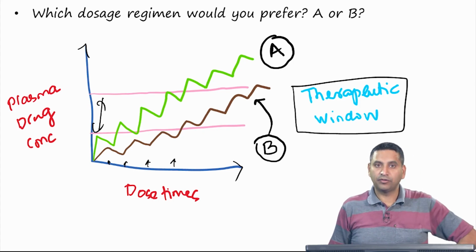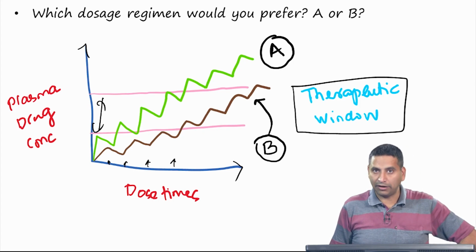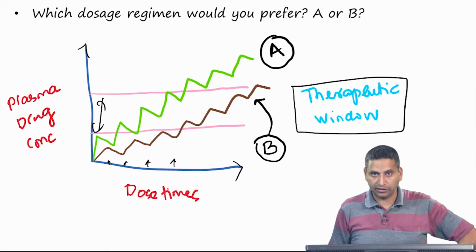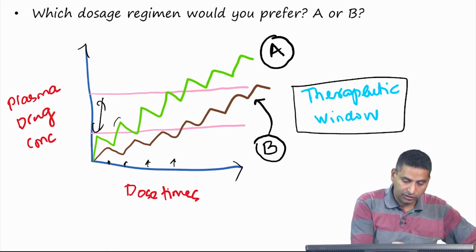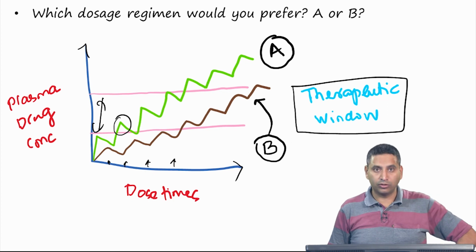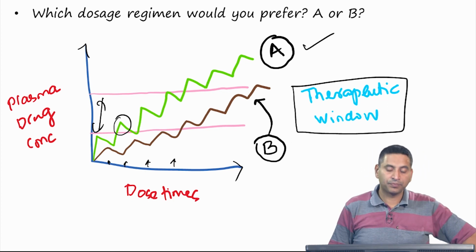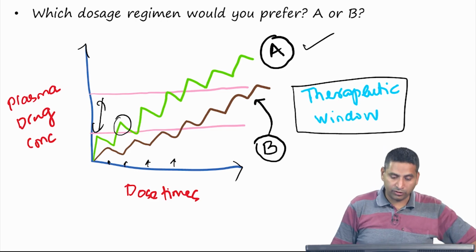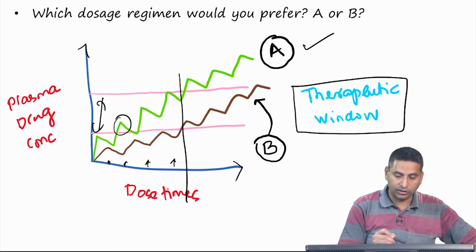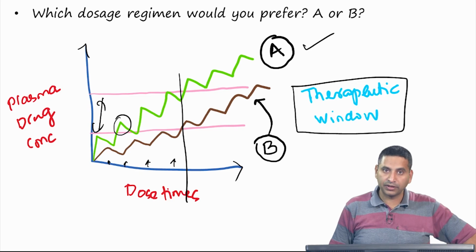So, if we want to have a rapid effect, that means within the third or fourth dose you have efficacy, then we would prefer A. But we need to make sure that we do not go beyond this dosage regimen.